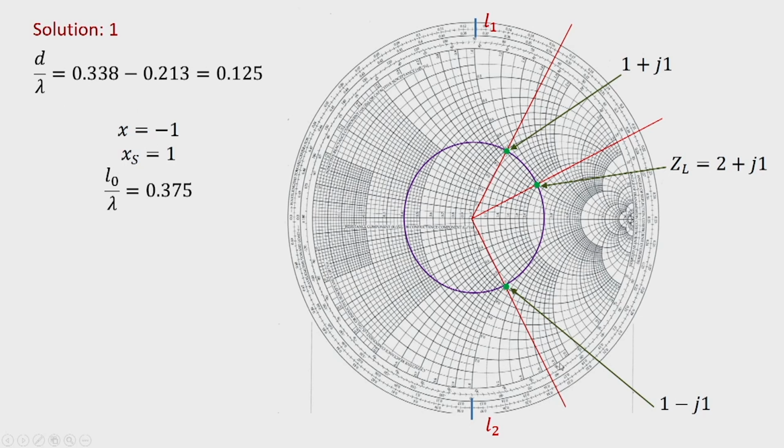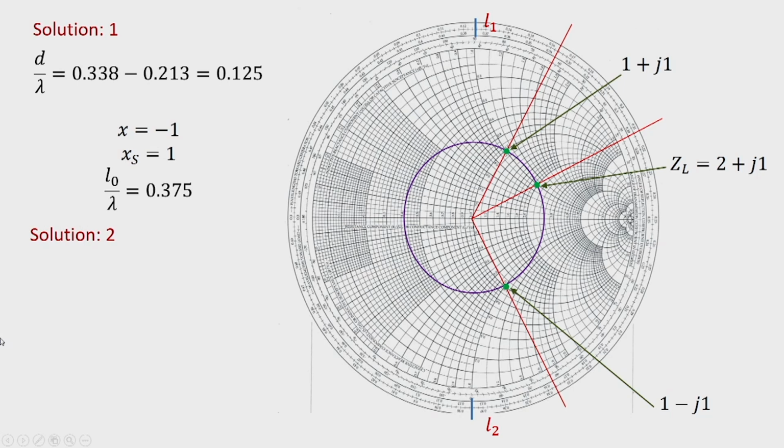So, the difference of these two gives us 0.125 as the length of the transmission line d, and after traversing this 0.125 lambda, we reach this point where we need to apply excess is equal to 1, for which L open by lambda is 0.375.